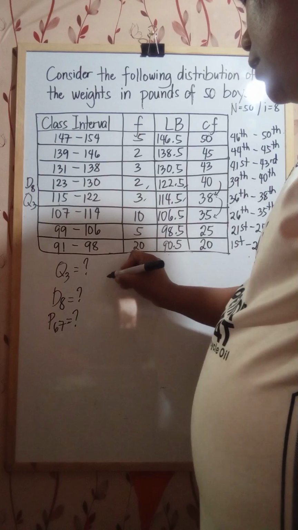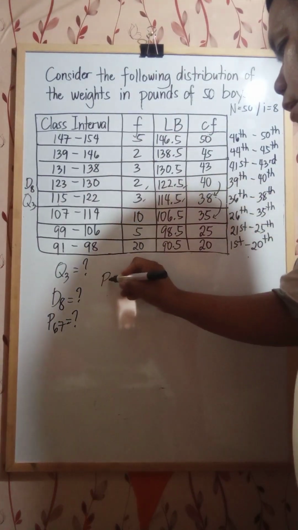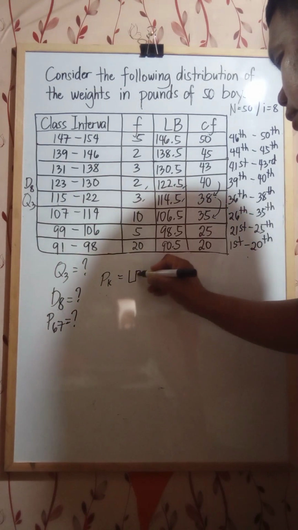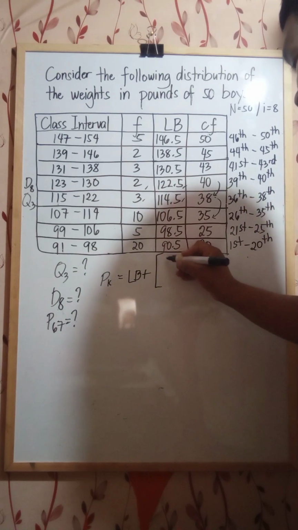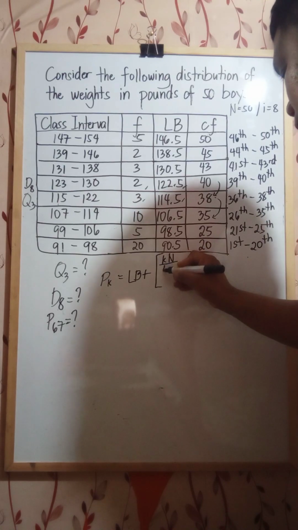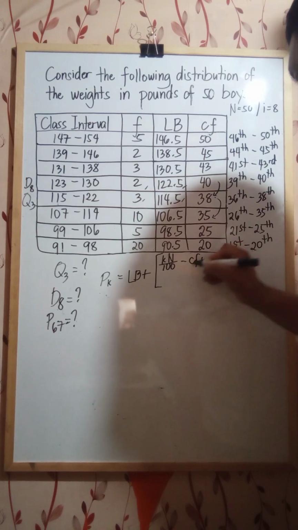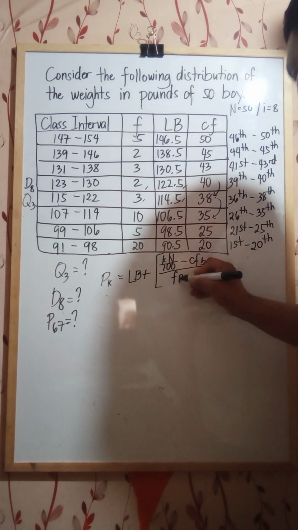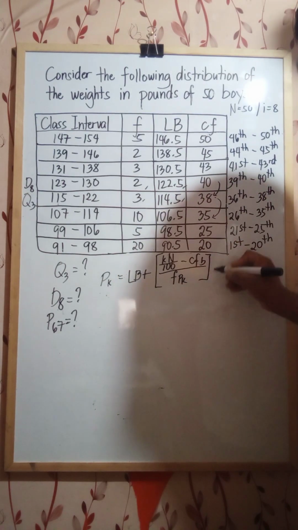The general formula for the percentile is P sub K equals LB again, then plus open bracket Kn over 100, so 100 this time, minus CF sub B, all over the frequency of the percentile class, or F sub P sub K, times the interval.